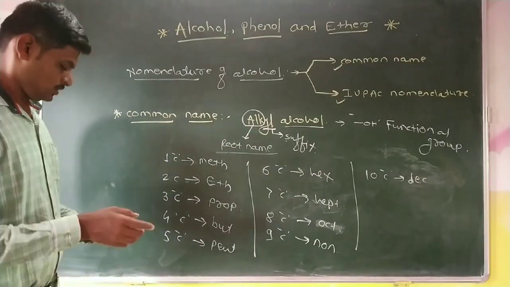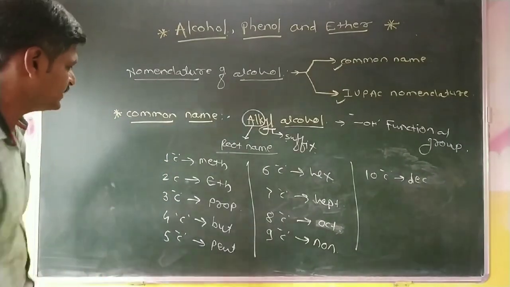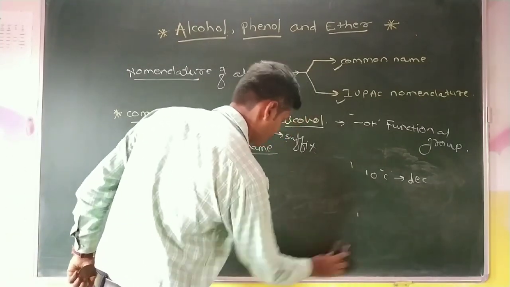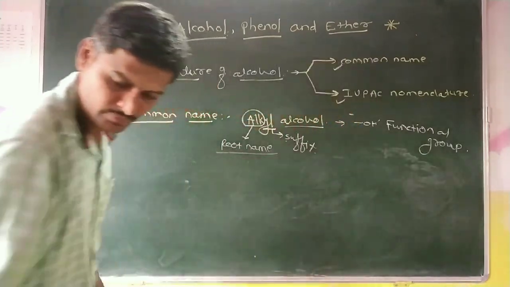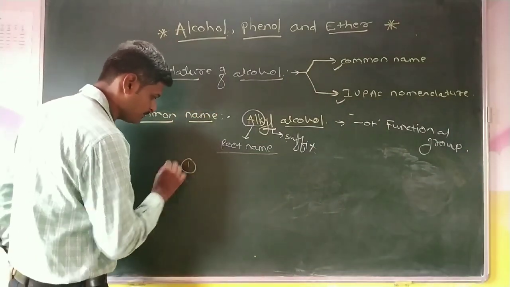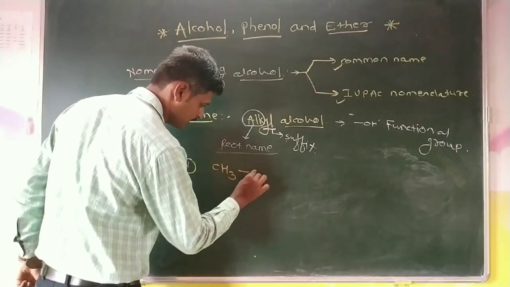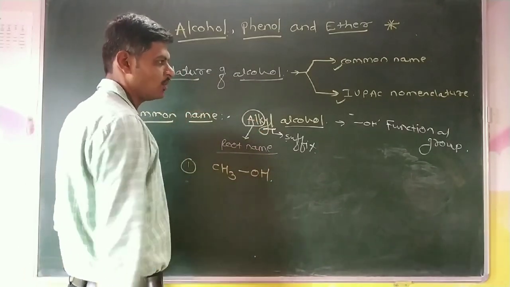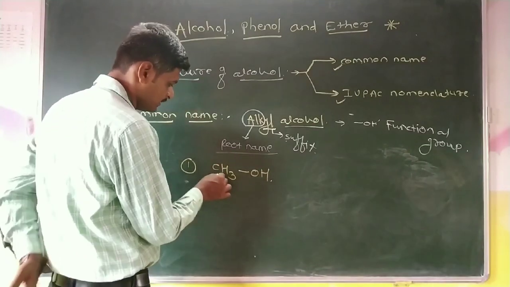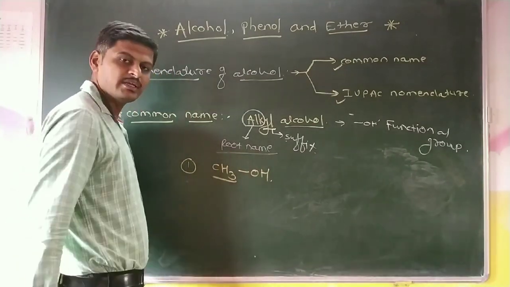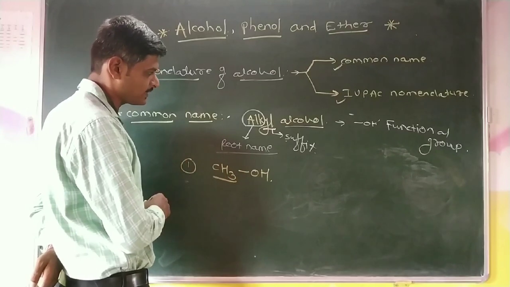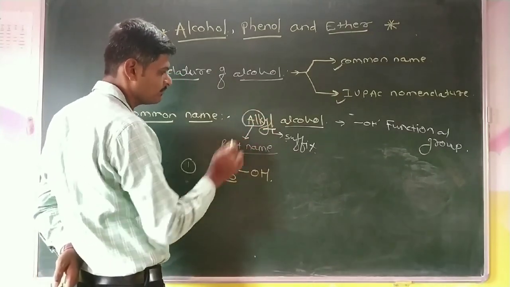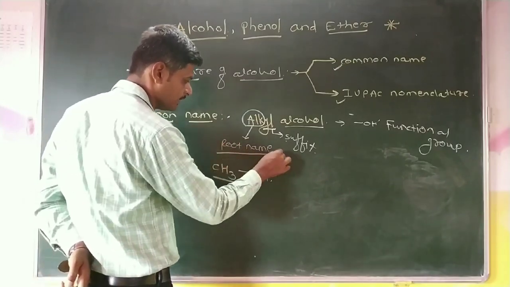Then we can see the first example of a common name. This is the first example, CH3OH. This CH3OH is commonly named as follows. In this case, CH3 is an alkyl group, and alk means root name.